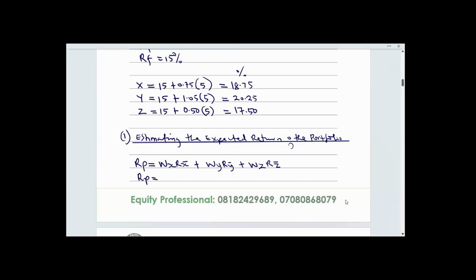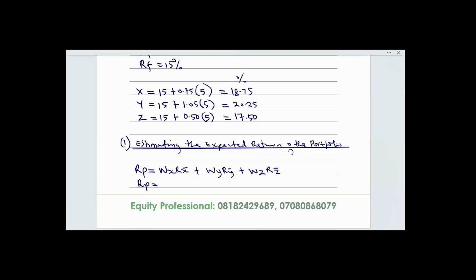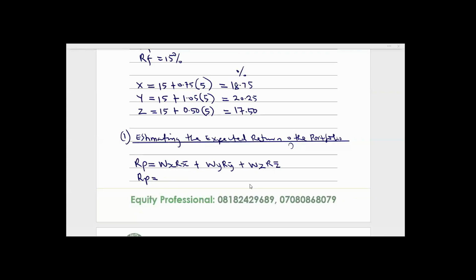According to the question, we are told that 30% will be invested in security X, 40% in security Y, and 30% will also be invested in security Z. Therefore, here is 0.30, that's the proportion invested in security X, multiplied by the expected return on security X, which is 18.75.